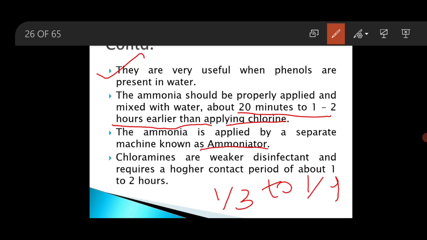Separate machines for feeding ammonia and chlorine are required, because the two chemicals react differently with materials in the feeder. Since chloramines are weaker disinfectants, either a higher dose or a longer contact period must be used in order to achieve the result.